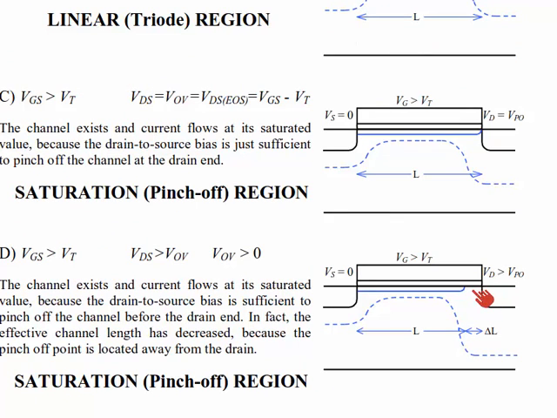And instead of the pinch-off point just occurring right at the drain end of the channel, because we have a higher drain voltage sucking more electrons out, the pinch-off point retreats away from the drain toward the source. Another way to describe that is that we have a transistor whose channel we can represent with a resistance has a shorter length in case D than in case C.